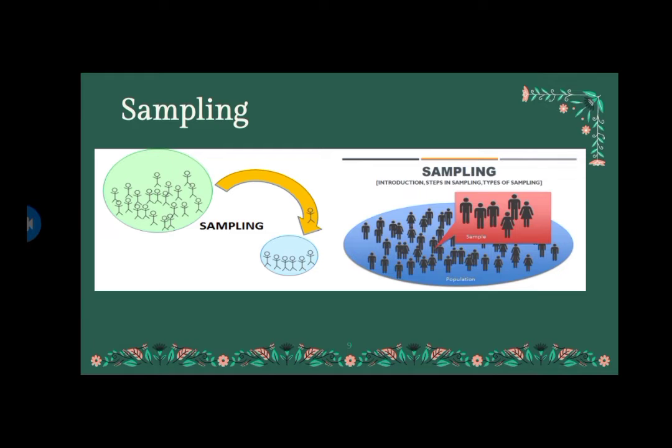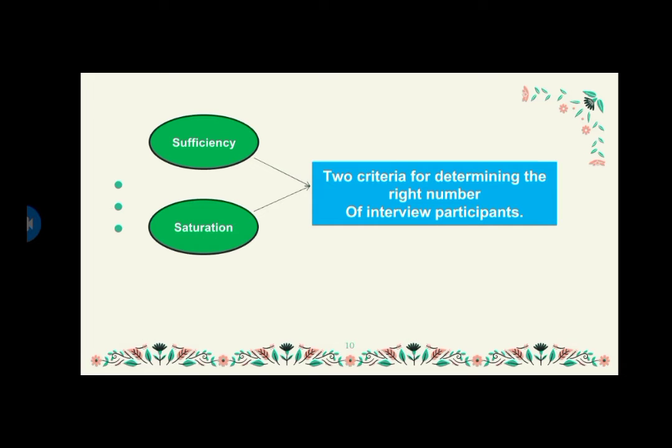The deep complexity and richness of the data are critical, but identifying a representative sample is not even a consideration, since the purpose of the research is to understand, not to generalize. The two criteria for determining the right number of interview participants are sufficiency and saturation.